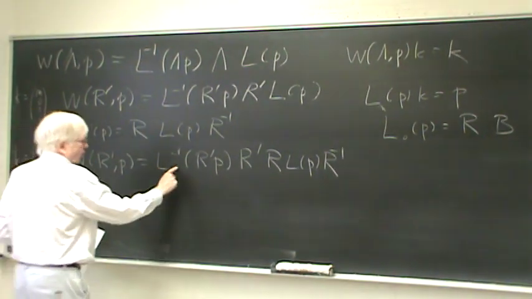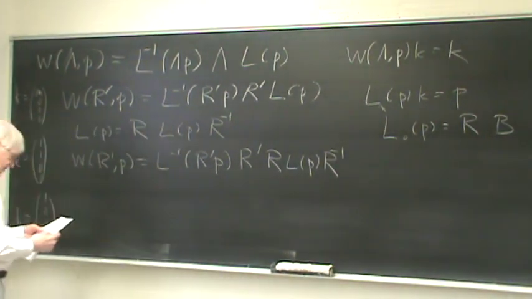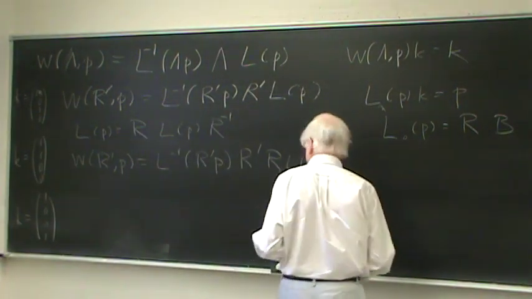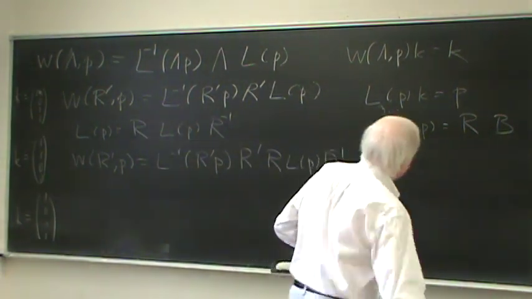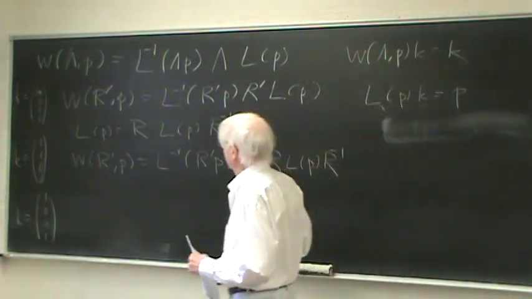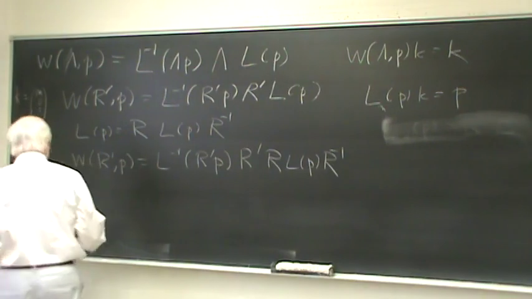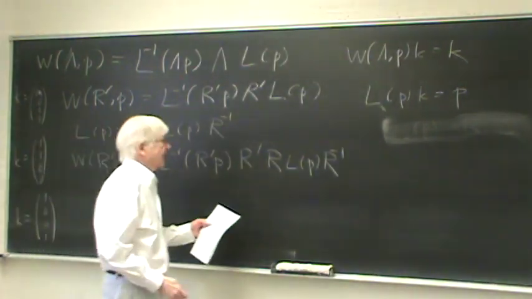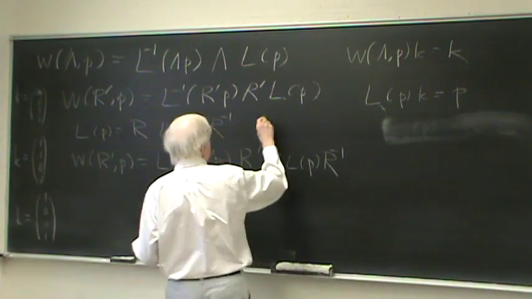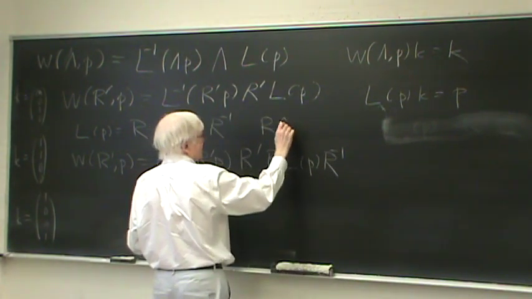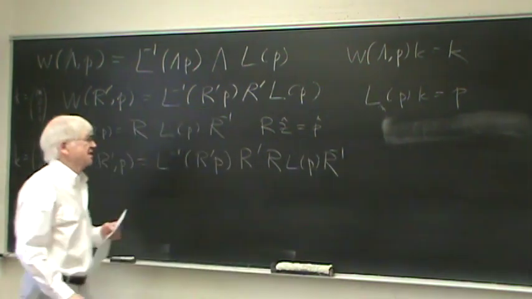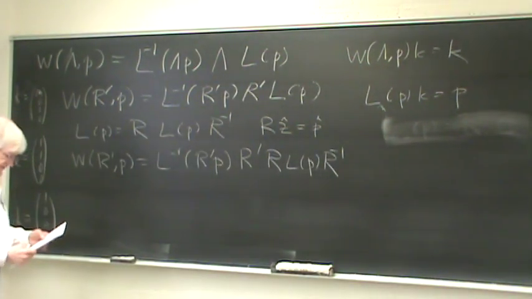Now let's figure out what this is. Again, we're talking about a massless particle. And here, in fact, let me erase the massless case because we're not talking about the massless case yet. So this R here takes the vector in the z hat direction into a vector in the p hat direction. That's what R does.